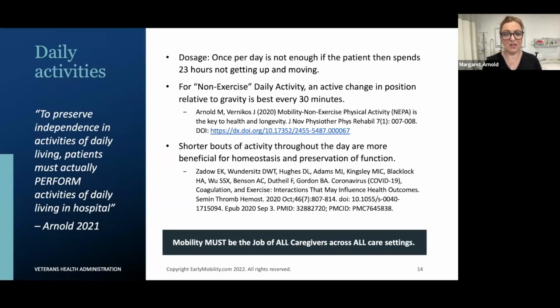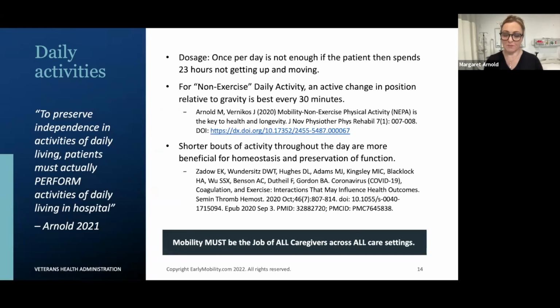This was an article that I authored with Dr. Joan Vernikos from NASA, who did all of the head-down bed rest studies on immobility with healthy astronauts. We know that to preserve activities of daily living independently, we must actually perform the activities of daily living while we're in the hospital.